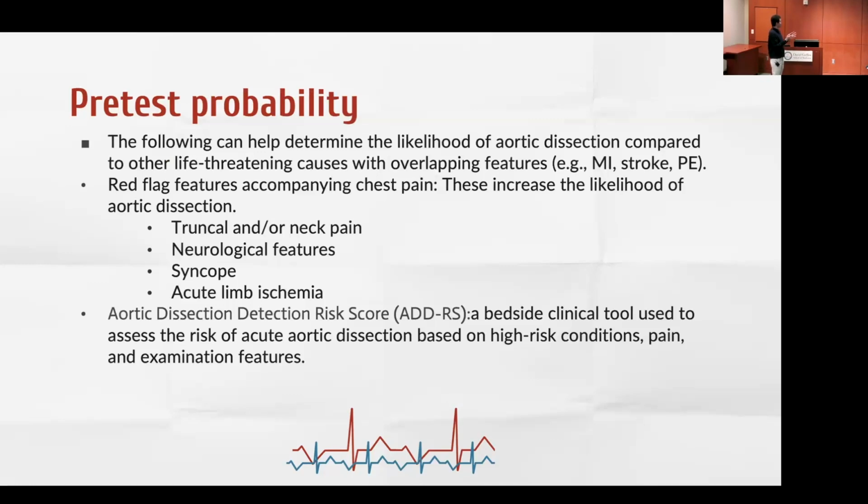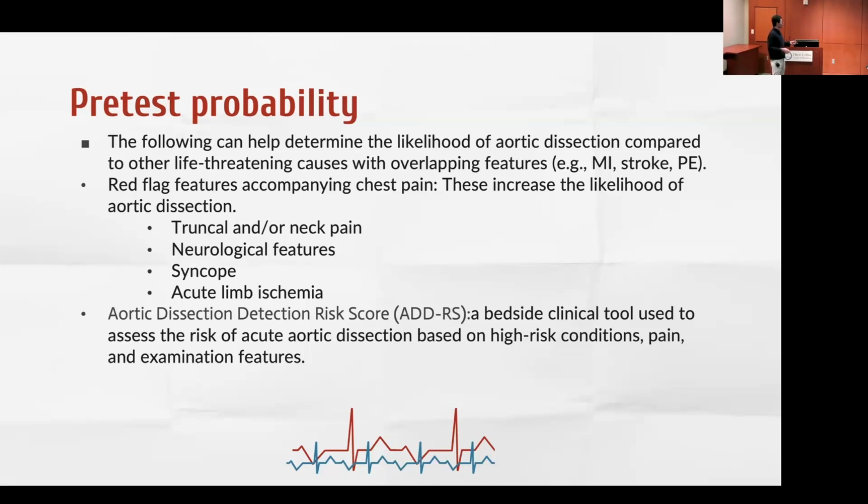I've added this slide for completeness' sake, but one thing that we can do is something called a pretest probability. A lot of these conditions may mimic one another. Dissection can mimic an MI or a stroke. By looking at little red flag signs, such as chest or neck pain, neurological features, syncope, acute limb ischemia, those can all help us narrow in on the diagnosis of dissection.